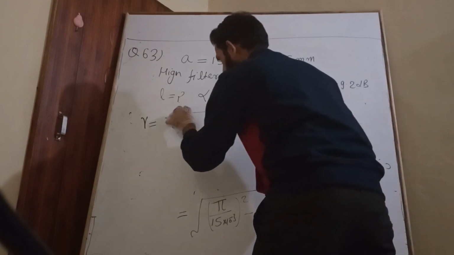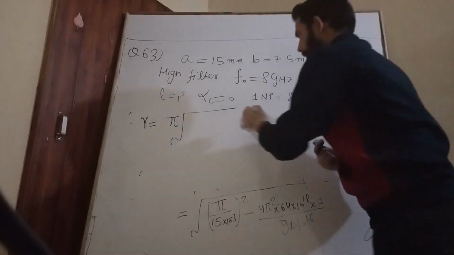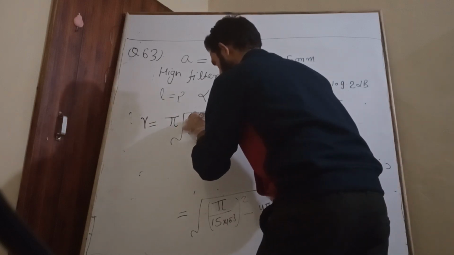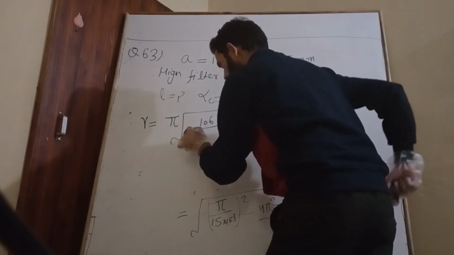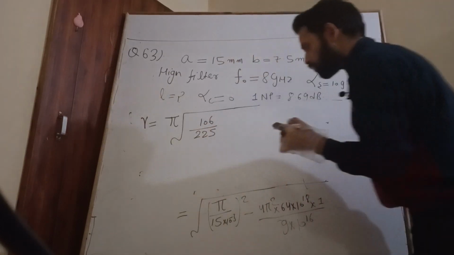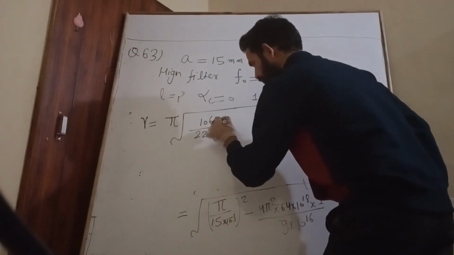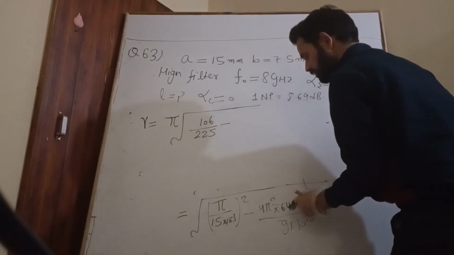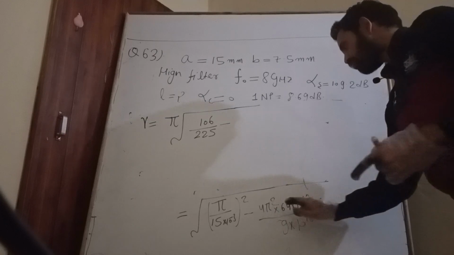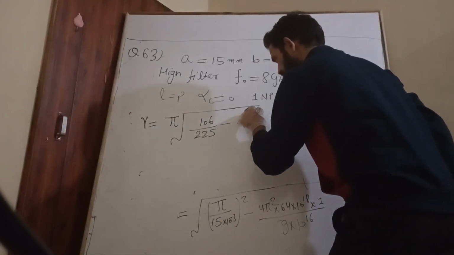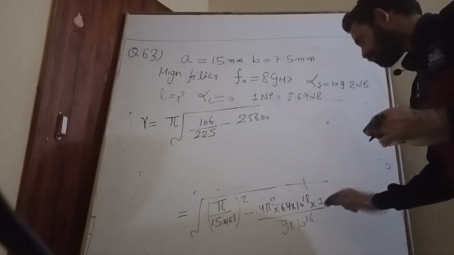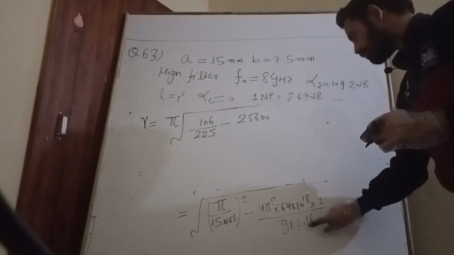Pi into the square root of, this is 1 by 15, which is nothing but 10 to the power 6 divided by 225, minus 64 into 4 into 25, that is 25600 upside, and then 100.